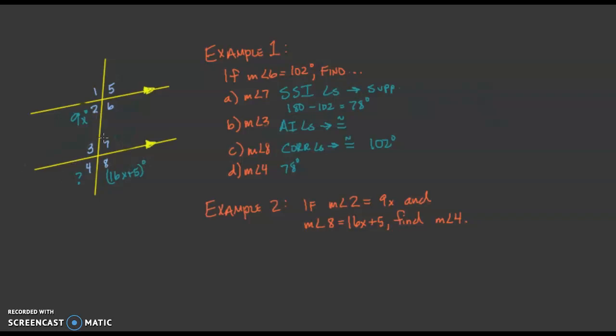Now if I look at angles 2 and 8, I might notice that they are actually not one of the special pairs we just learned about. They're not same side interiors. They're not alternate interiors. They fit the alternate part because angle 2 is on the left of the transversal and angle 8 is on the right side. But they're not both interior, so they're not alternate interior angles.